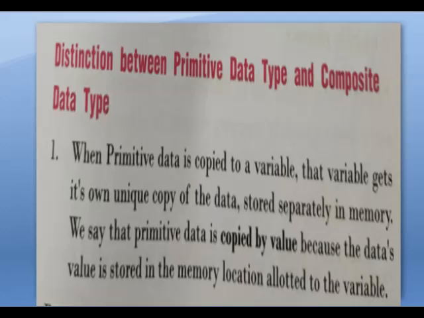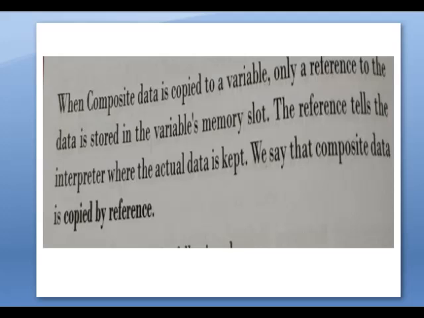reference. So when a composite data type is copied to a variable, only a reference to the data is stored in the variable's memory slot. Okay, the reference tells the interpreter where the actual data is kept. So only the reference of the data is stored in the memory slot, not the value.